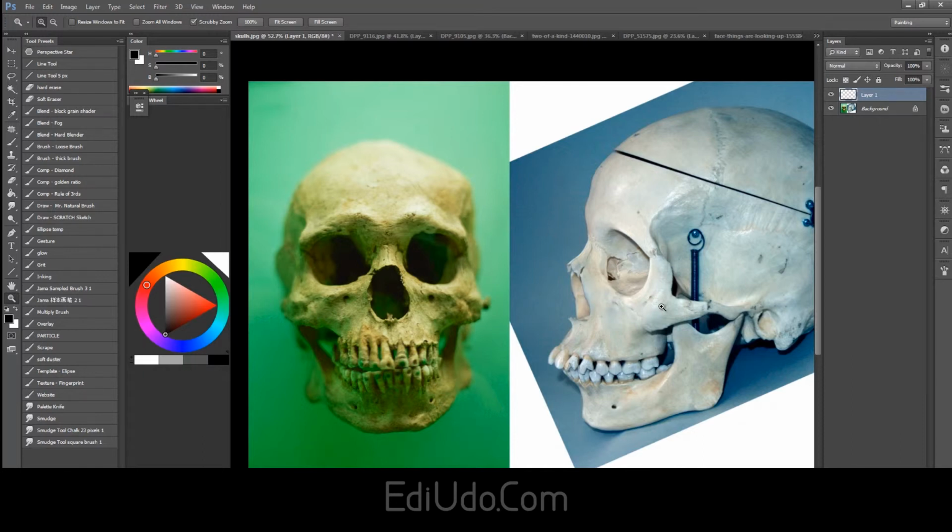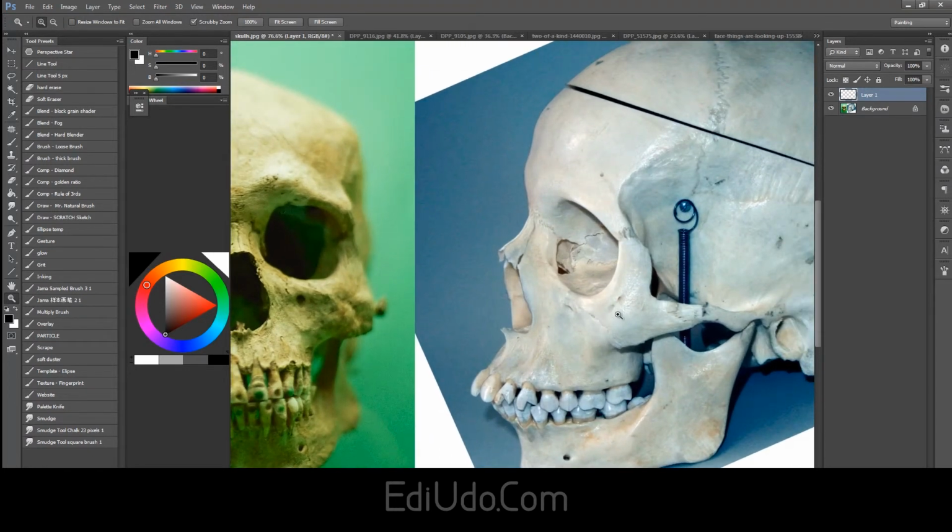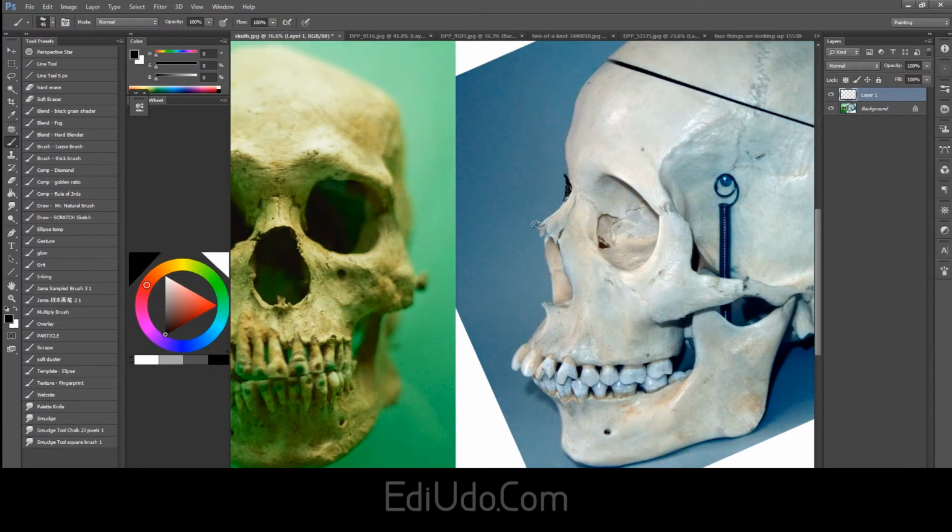The first thing I want to get out of the way is how the nose fits into the skull. In case you didn't know, the nose is just soft tissue. It's not bone at all. This part of the nose is bone, right? So you get the hard bridge of the nose, and then everything after that is soft cartilage.